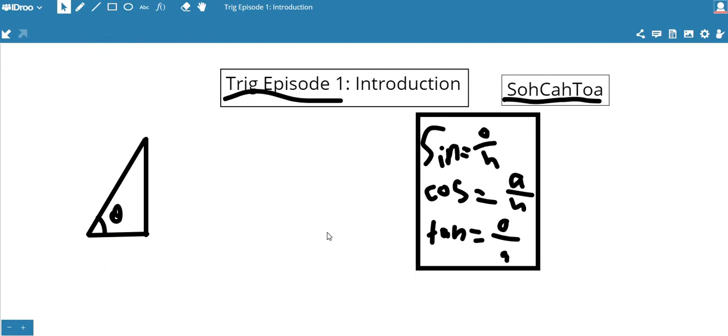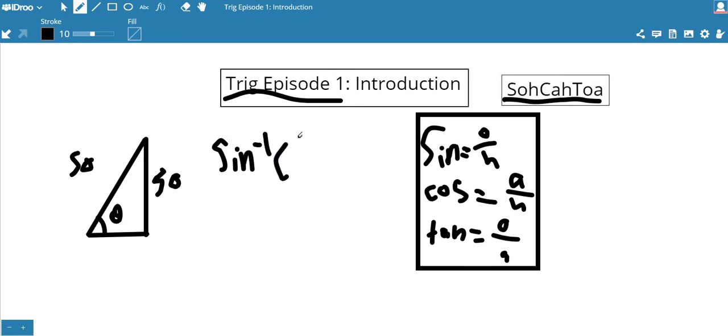Okay, so let's do sine now, the last one. So opposite, let's say this is 30, over hypotenuse. What do we want to write here? It would be inverse sine of 30 over 50.